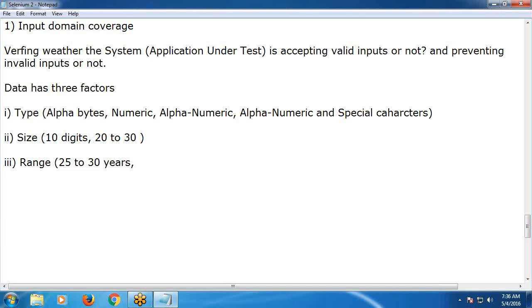That is range of the data. Same 1 lakh policy, but depending on the range of the age, premium varies.